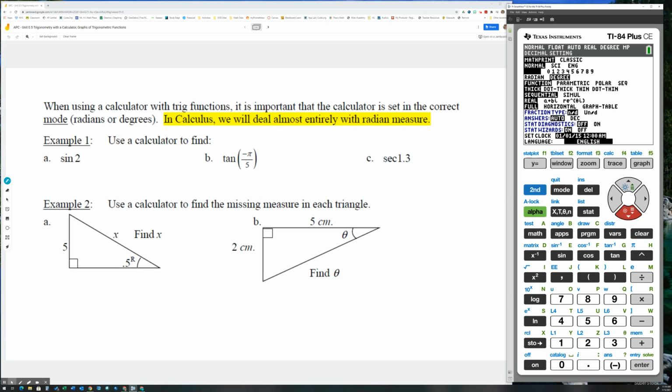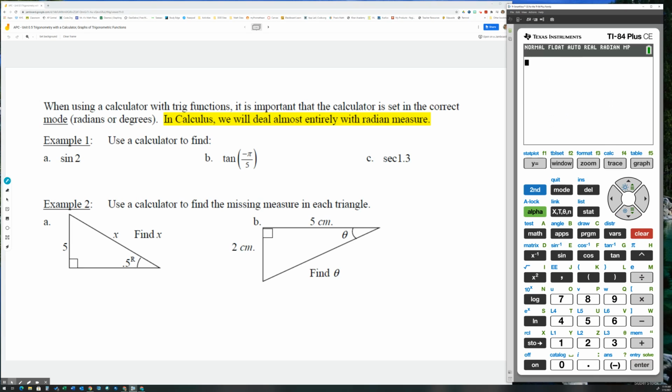It's typically found in the third row. If you hit enter, it'll switch it from degree to radian. If you take a look at the top of your calculator, off on the right side, it says radian or degree, and that's how you can tell.